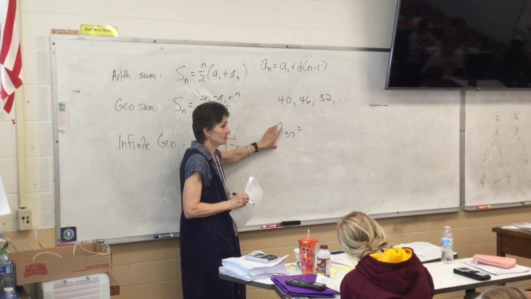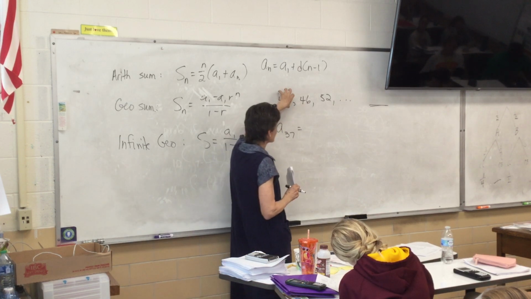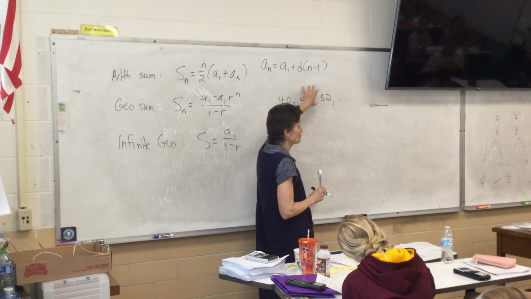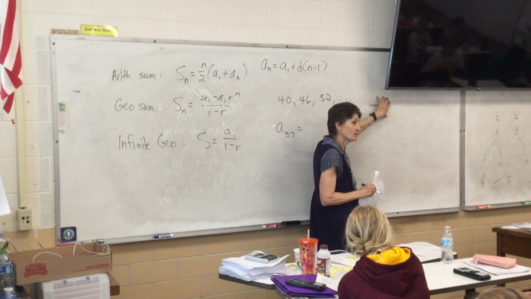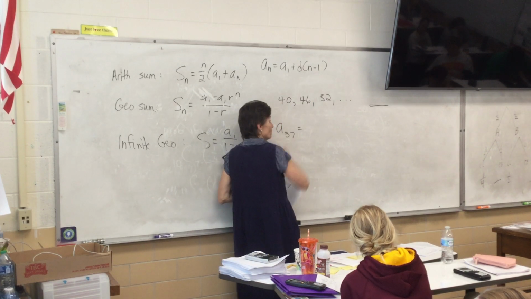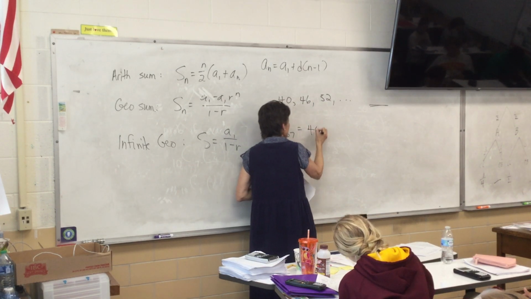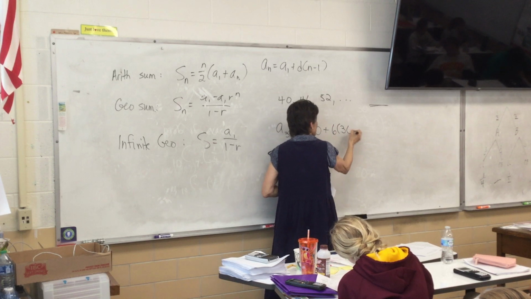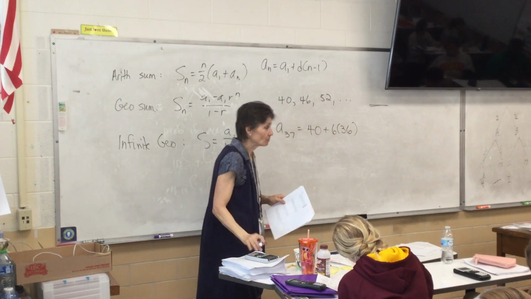not a sum. I just want to know, if he puts this much in his bank on day 1, and this is day 2, and this is day 3, how much is he going to put in the bank on day 37? So the 37th term will be 40 plus 6 times 36. Would you agree with that?